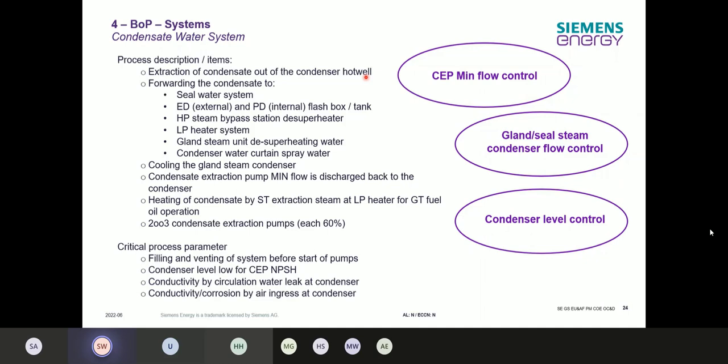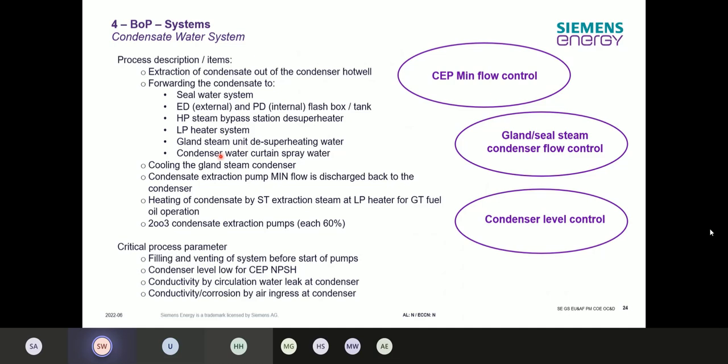And then also forwarding condensate to the seawater system, external and internal flash box, so the ED and PD flash boxes or tanks.